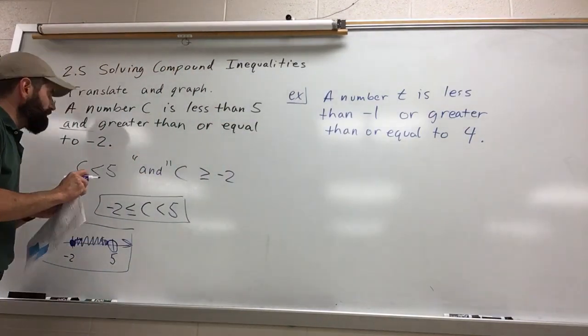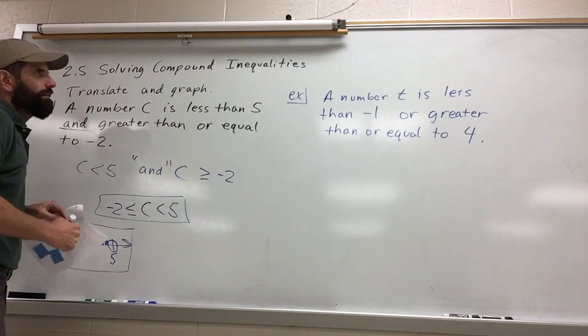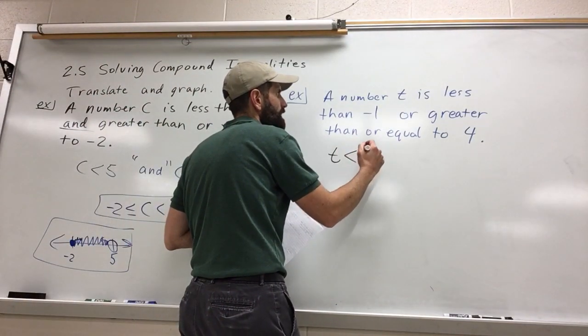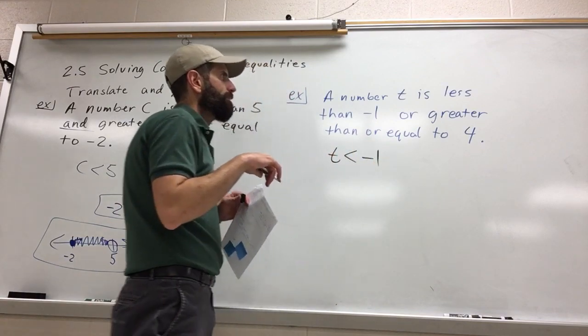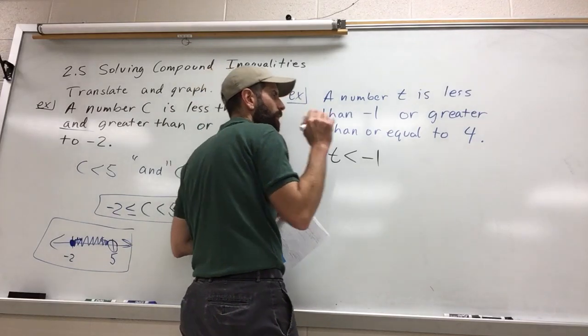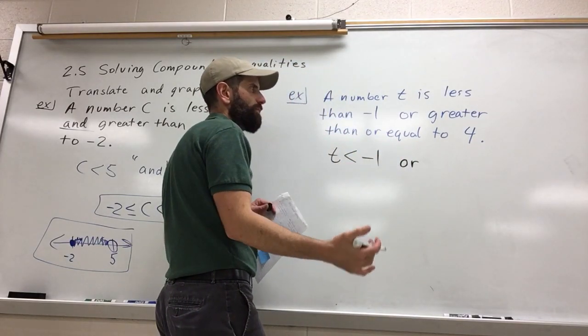So when you start out translating it, just kind of go step by step here. It says a number T is less than -1, no problem. Then it says or. Okay, so or greater than or equal to 4.